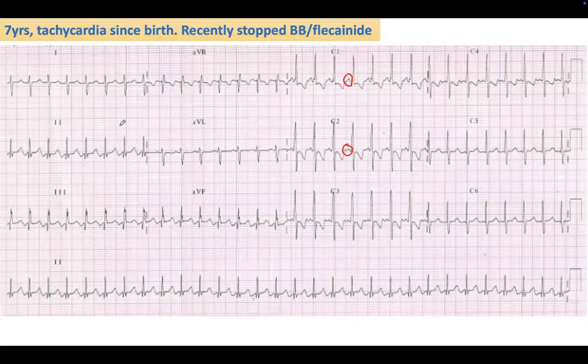In order to tell whether it's sinus tachycardia or supraventricular tachycardia that is not sinus, you have to study the P waves, of course, right? The P wave in lead one, is it sinus or non-sinus? The P wave in lead two, is it sinus or non-sinus?